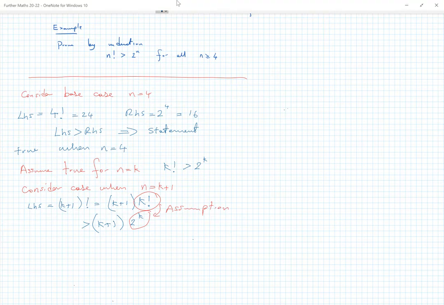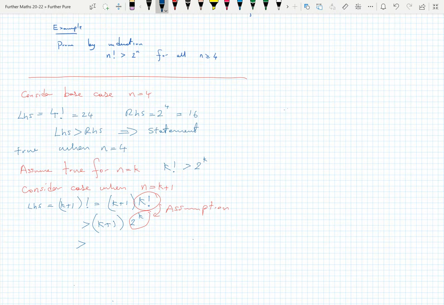So we can therefore say that that's certainly greater than 2 times 2 to the k, since k is greater than or equal to 4, because we're not seeking to prove it for anything less than 4. So anything greater than 4 is definitely greater than 2. So that actually is the same as 2 to the k plus 1.